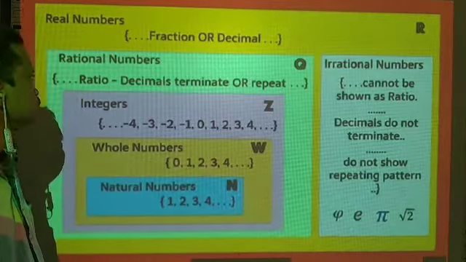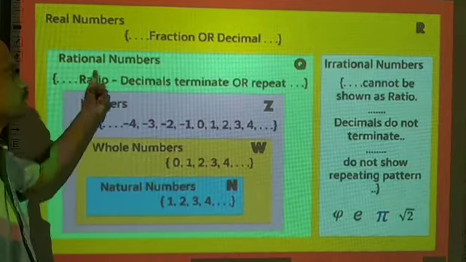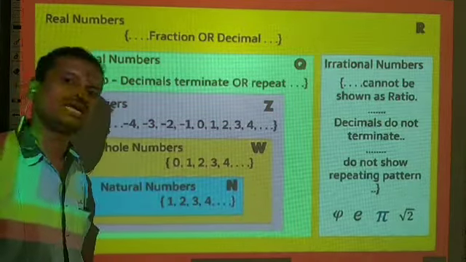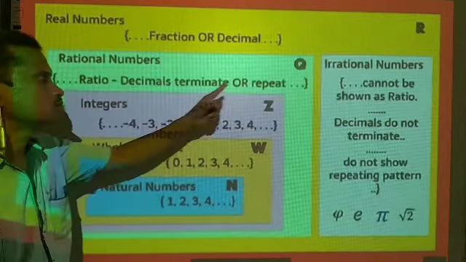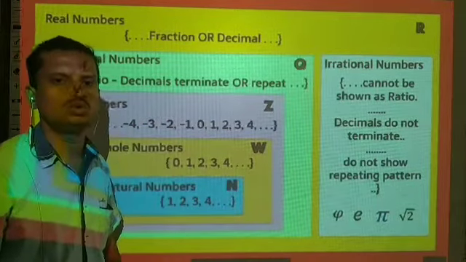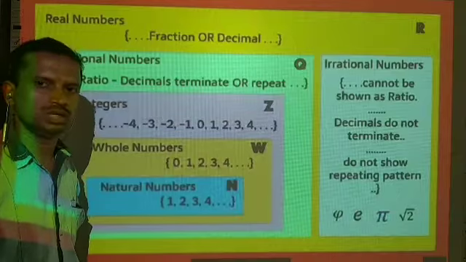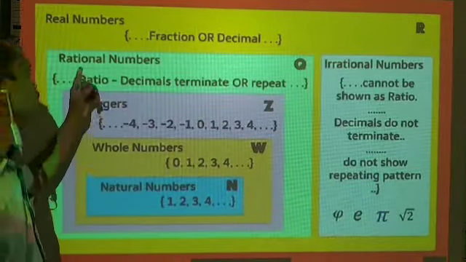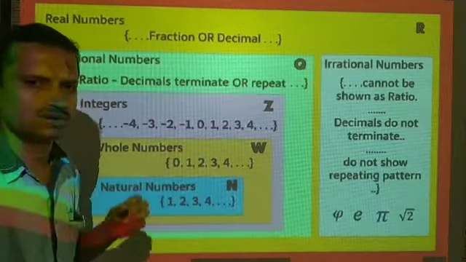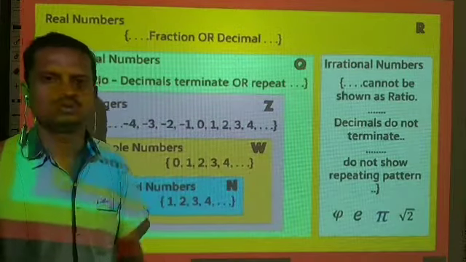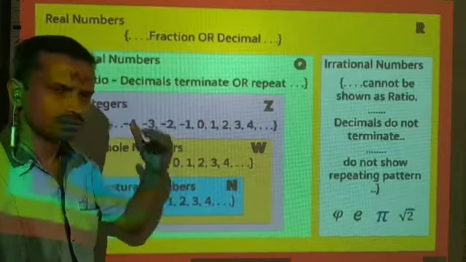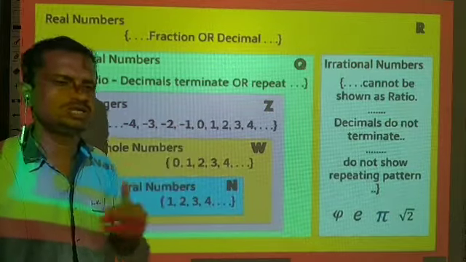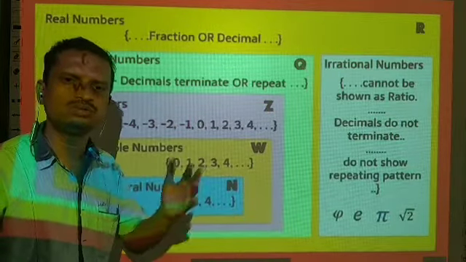And then coming to rational numbers, that is the first chapter of 8th standard. The letter Q is used to denote rational numbers. The word itself starts with the letters of the word ratio. Ratio means 2:3, we can write as 2/3.